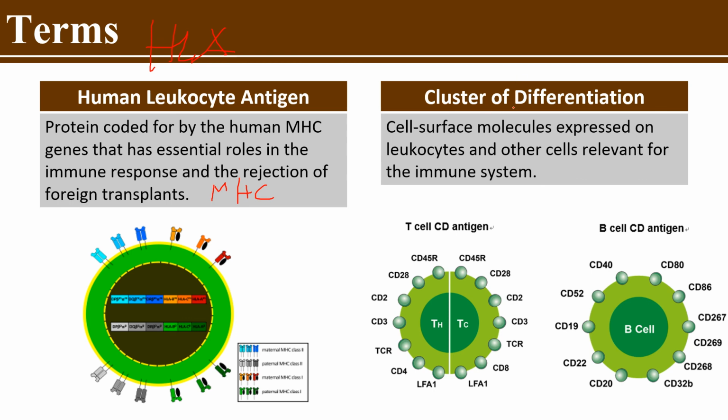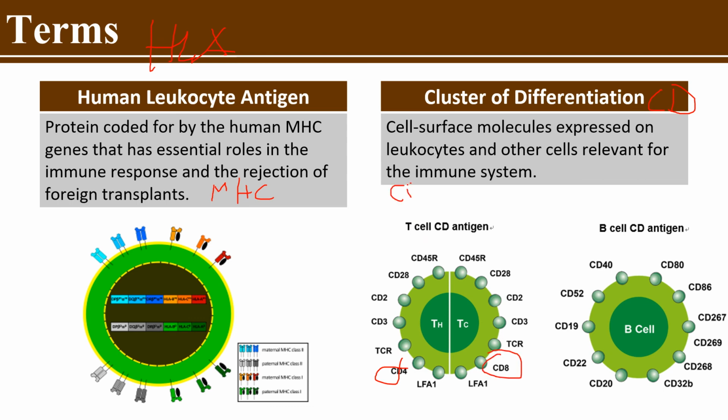Then we also have the cluster of differentiation, also known as your CD. Now, these are cell surface molecules expressed on leukocytes and other cells relevant for your immune system. So one thing you need to remember about this, class, is about the T cell. They have markers CD4 and CD8.